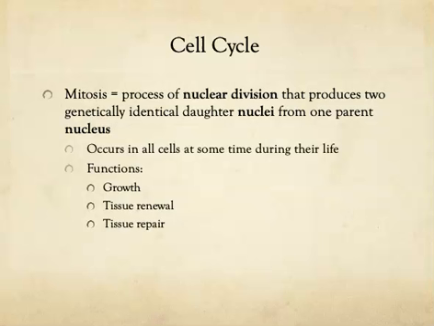So let's take a minute and compare the M phase between cells that use mitosis and cells that use meiosis. Mitosis is a form of nuclear division that produces 2 genetically identical daughter nuclei from one parent nucleus.